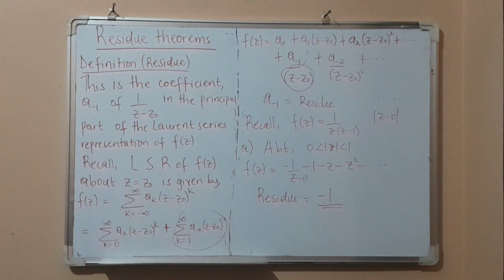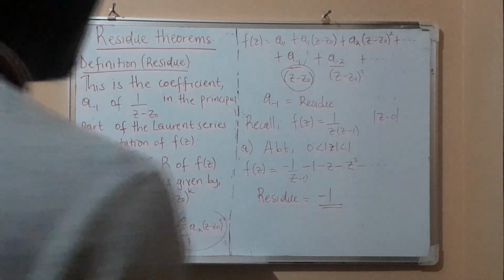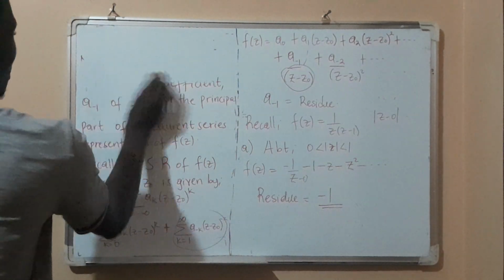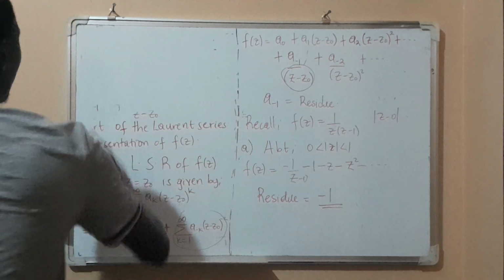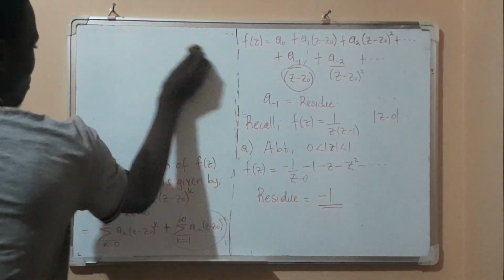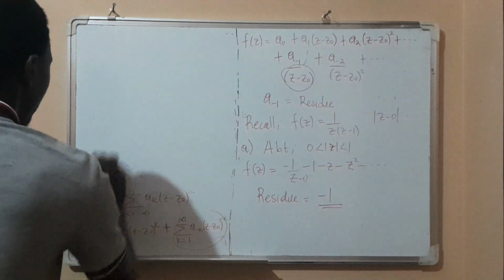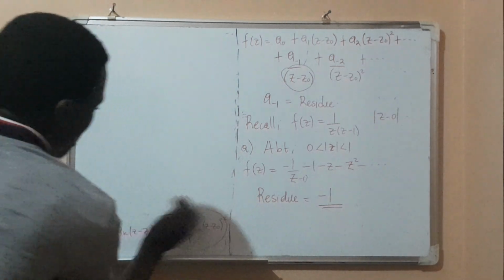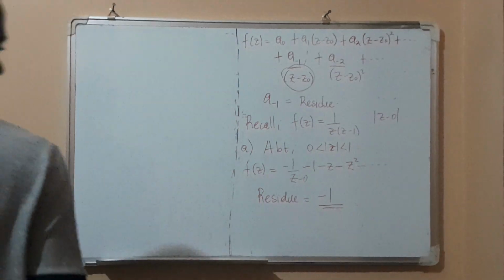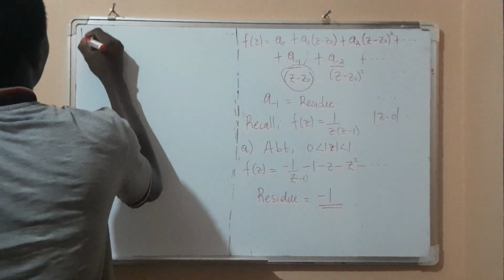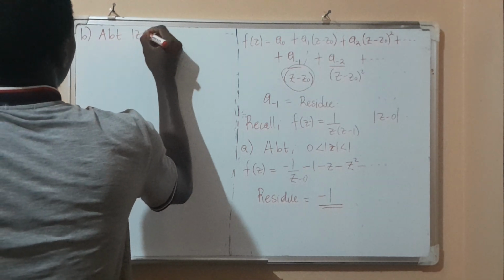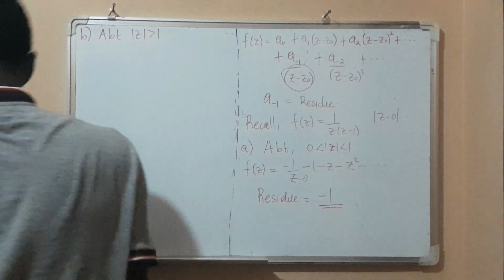Then we also had part B. Let us see what we obtained in that situation. Part B, we are getting this series representation about absolute z greater than 1.